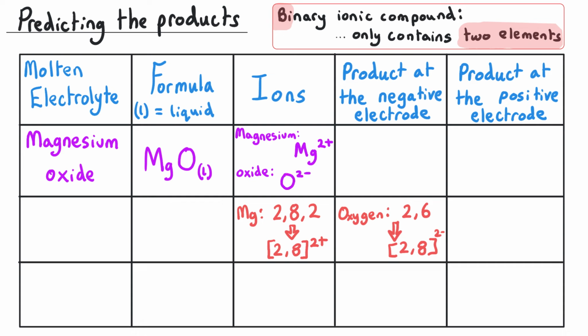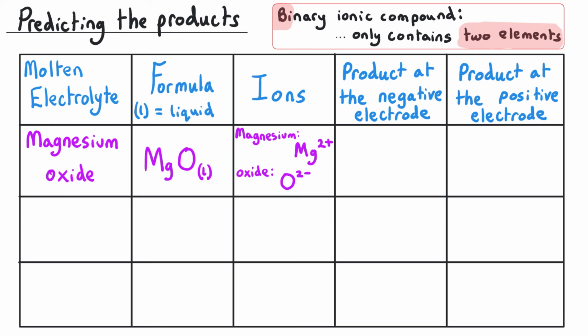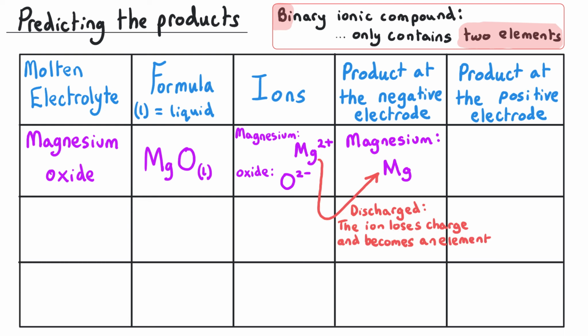Then we need to remember that the ions will move to their oppositely charged electrodes because that's the one they will be attracted to. And so the positive magnesium ion is attracted to the negative electrode where it gets discharged. And so we'll see magnesium forming at the negative electrode. That means that the oxide ion will be attracted to the positive electrode, and so oxygen will form at the positive electrode.